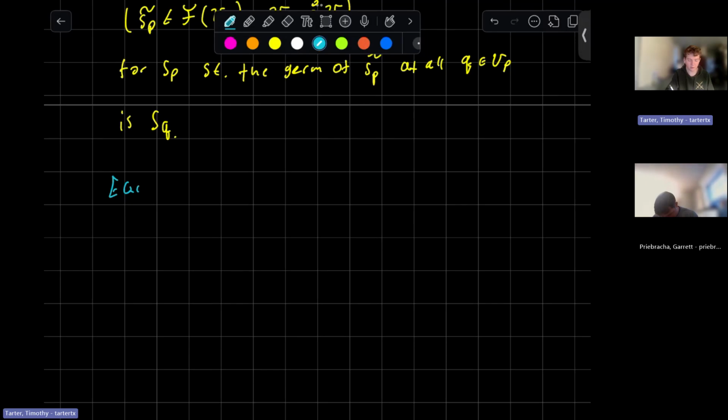Here is a definition that's nicer that we're going to use instead.